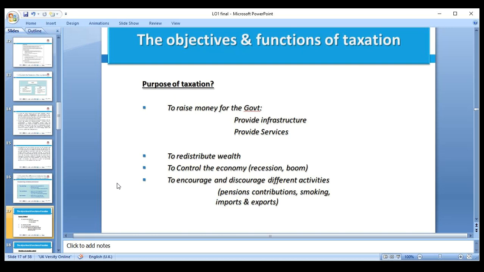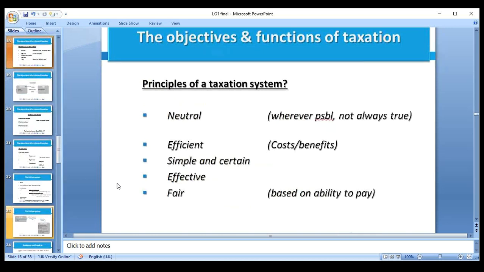Smoking was a huge income for the government, HMRC, but they stopped it. They stopped advertising. They discourage smoking because the NHS cost is more than the benefit, and that loss is for many generations. That's why. Okay, the objective and function of taxation, then the principles of the taxation system.